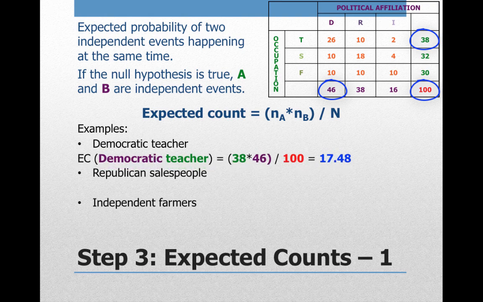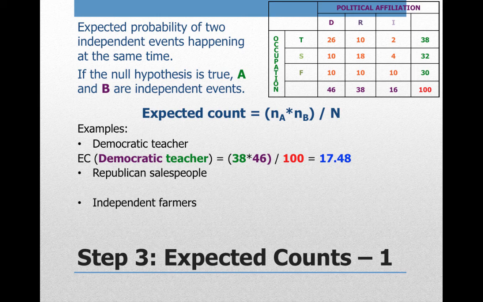So here's our work. 38 times 46, all of that divided by 100 equals 17.48. And notice that we denoted this as EC, as the expected count. And so the way we can interpret this expected count of 17.48 is simply, if occupation and political affiliation are independent of each other, then we would expect to see in a sample of 100 people, about 17.48 of those individuals to identify as Democratic teachers.